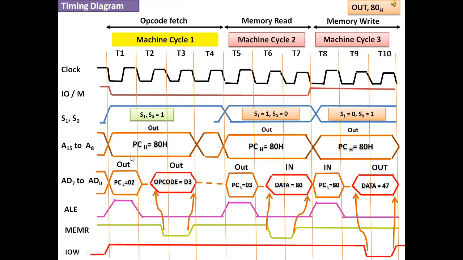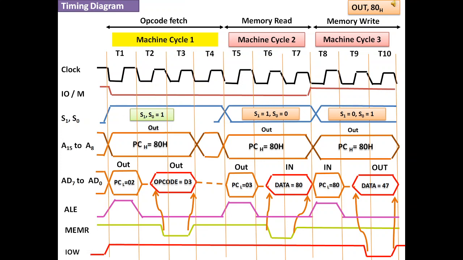So first of all, the microprocessor needs to fetch the operational code and decode it, and only then will the machine be able to understand what sort of operation is required.